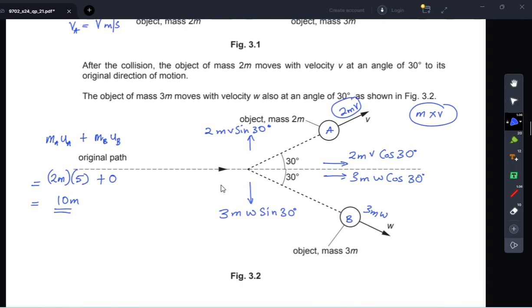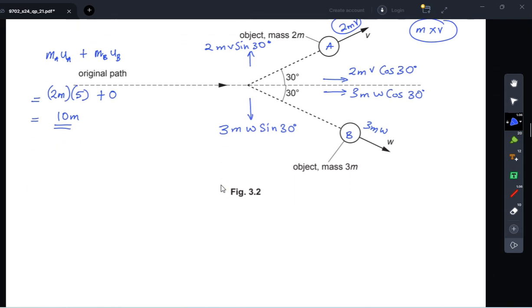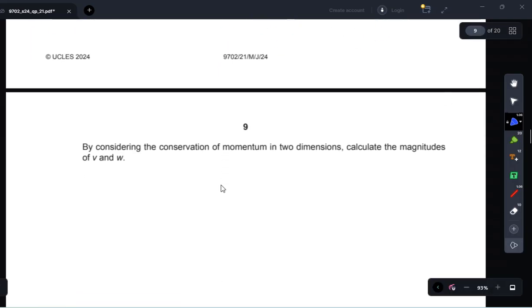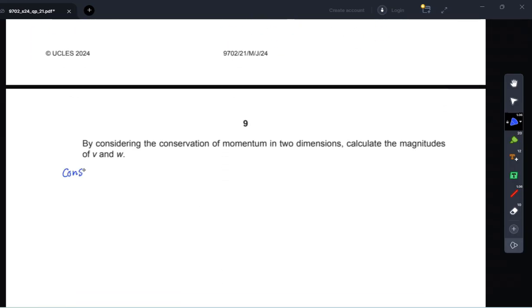We're going to apply the law of conservation of momentum in both directions, that is horizontally and vertically. So let's consider the vertical components. We must appreciate that before collision there was no vertical motion, so we didn't have any components vertically.